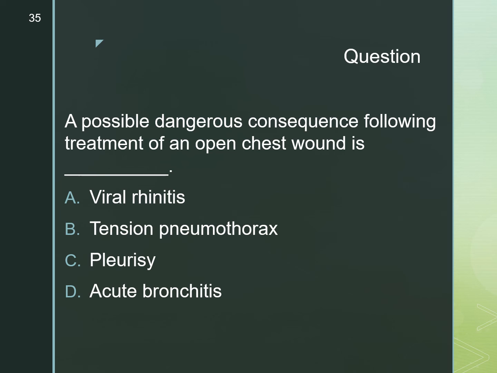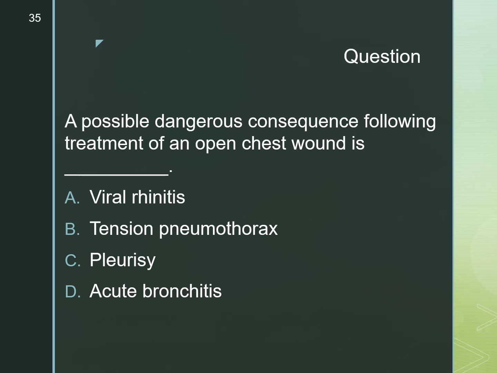So it just continues to build and build and build, and it takes up more and more space in the chest. And as it does that, it's going to shift all of the organs in the chest from one side to the other side. This will include the heart and the remaining lung and all of that vasculature that is associated with it. And it can become so severe that it can be life-threatening.